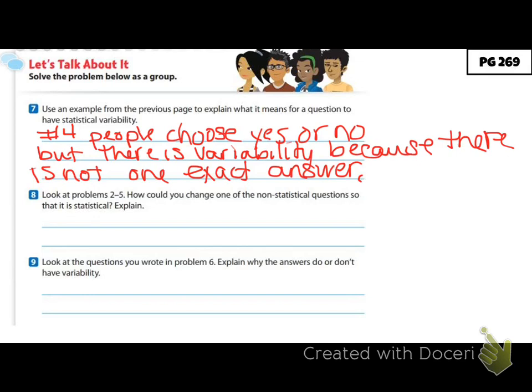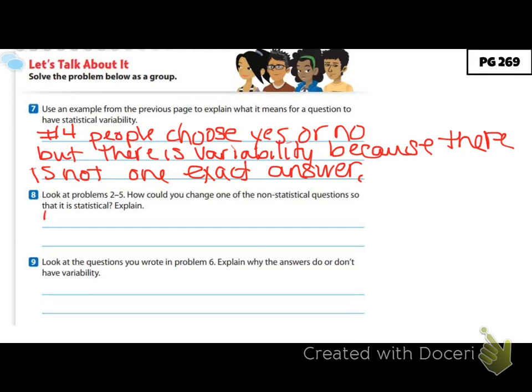Number 8, look at problems 2 through 5. How could you change one of the non-statistical questions so that it is statistical? And then explain how. So if we go back and look, let's look at number 2 where it talks about who are the 2 major candidates running for president this year.